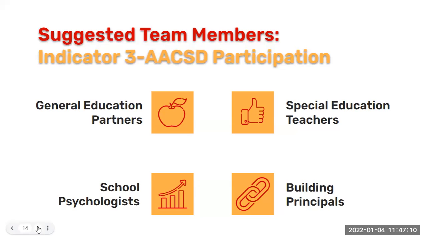Suggested team members for indicator 3, alternate assessment participation, would be possibly some general education partners, definitely special education teachers, school psychologists, and building principals, because many of the decisions for alternate assessment, even though we know it's an IEP team decision, involve many of these people on that IEP, and they need to be aware of all the different aspects and any kind of improvement plan that you may be going forward with.